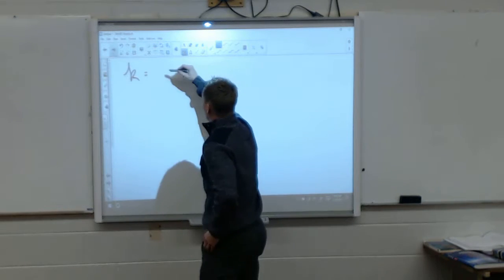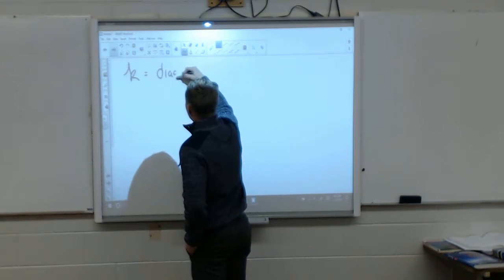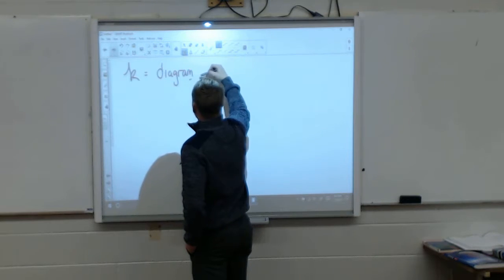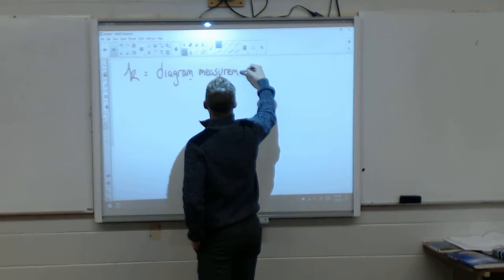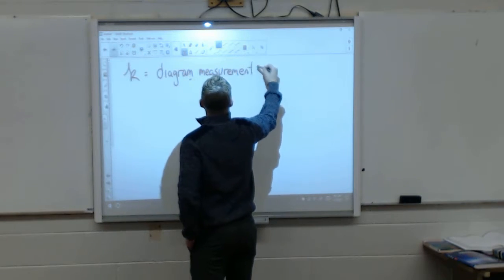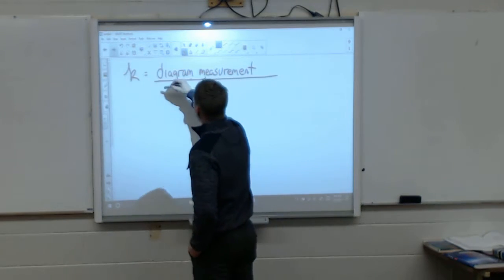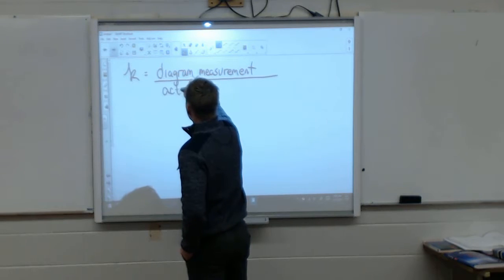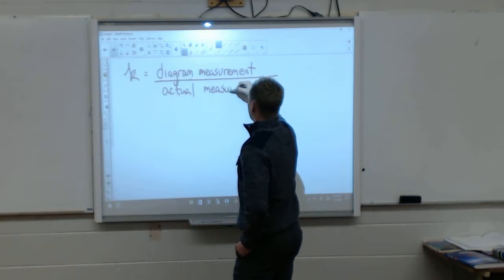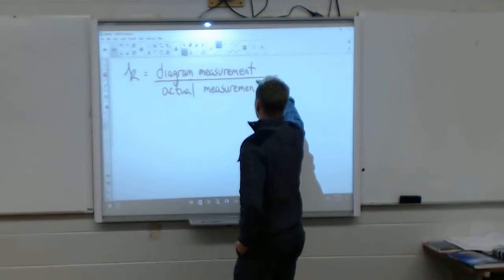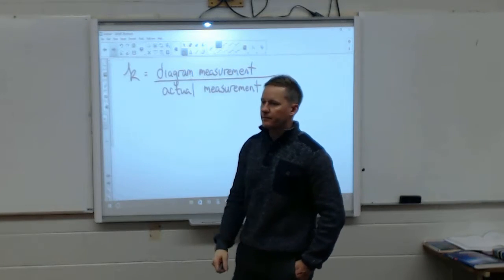So the first thing you need to know is in the same units, you have the diagram measurement, the ratio is always diagram measurement to actual measurement.